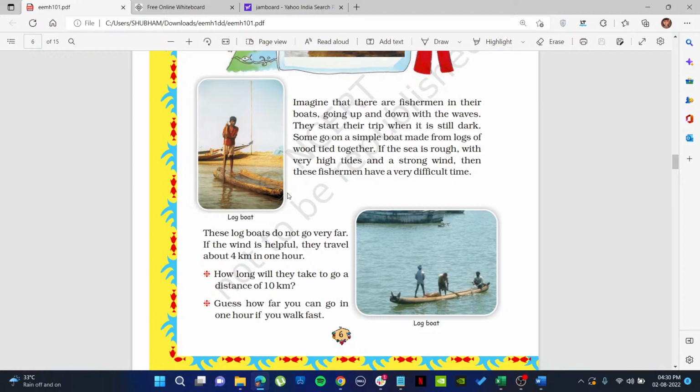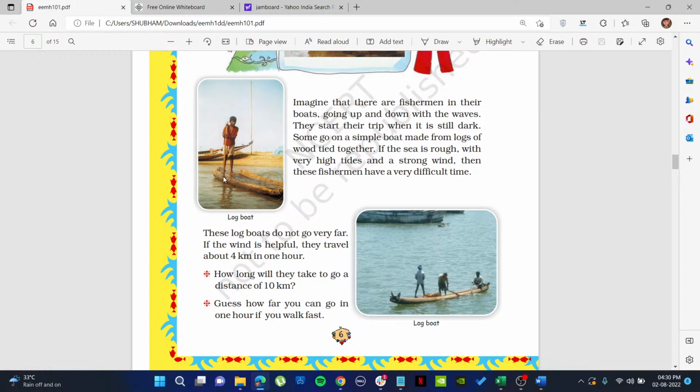Now let's imagine another thing. Imagine that there are fishermen in their boats. They are going up and down with the waves. They start their trip when it is still dark. Some of them go on a simple boat made from logs of wood tied together.